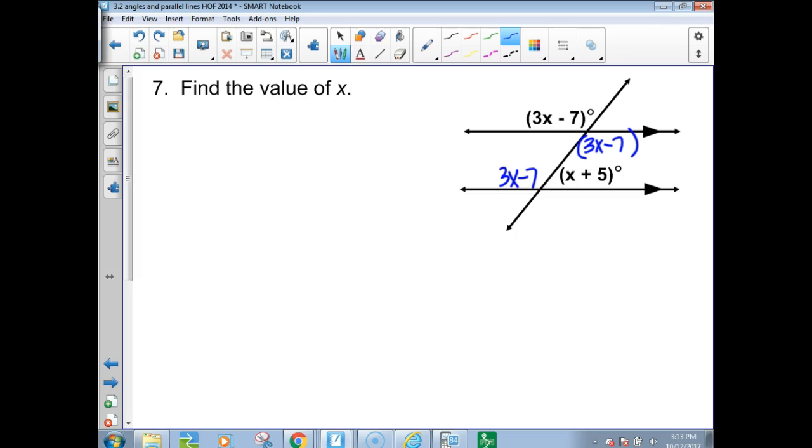That could go here. Do you see that these form a linear pair? They're supplementary. These also are supplementary because they're same side interior. So that's what we have to do. Now, couldn't you do this? Do you see how many different ways we can say those angles are supplementary? There's a bunch.